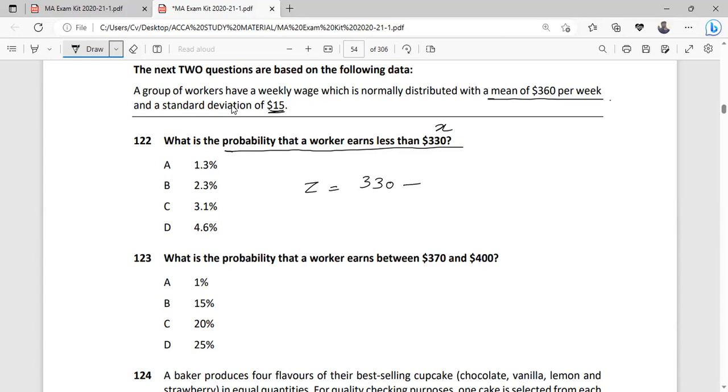Less than 330, how many are earning? Where average is 360. Average means most of the people are earning this value, or in fact near to this value. It shows average, that most of the people are earning the average value.